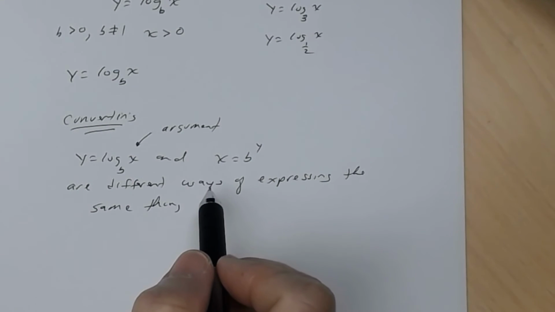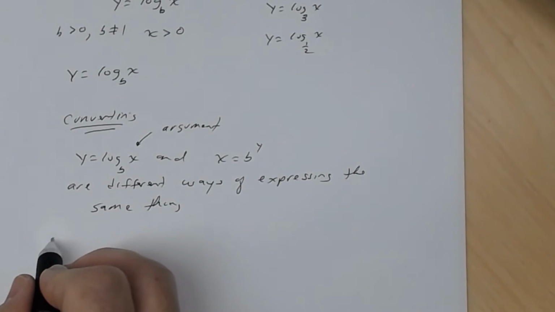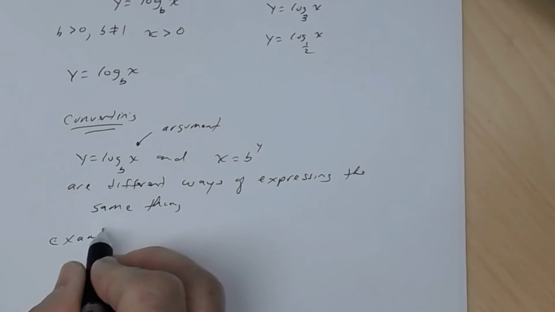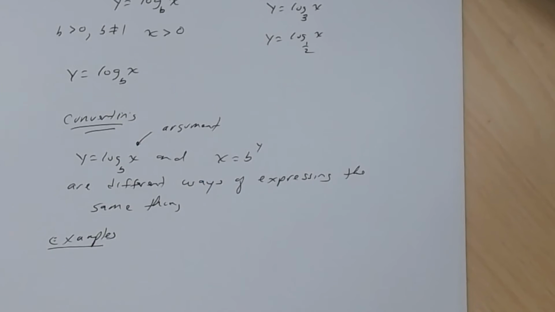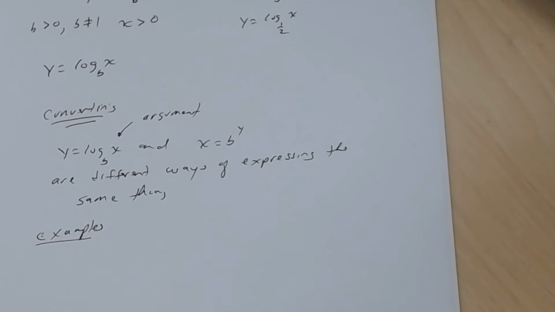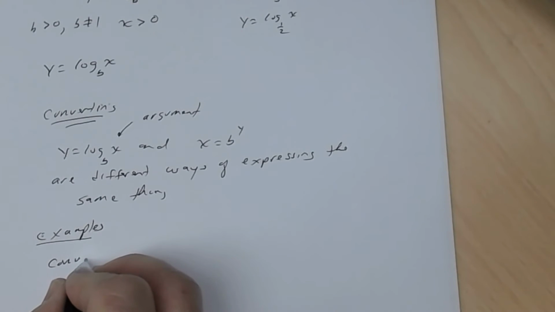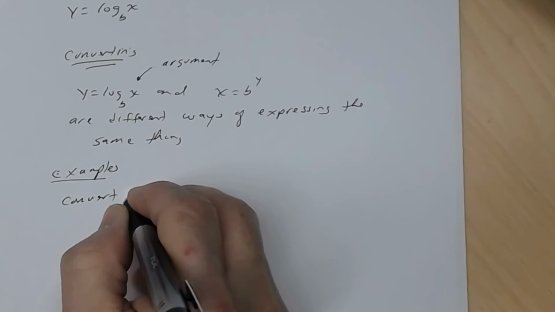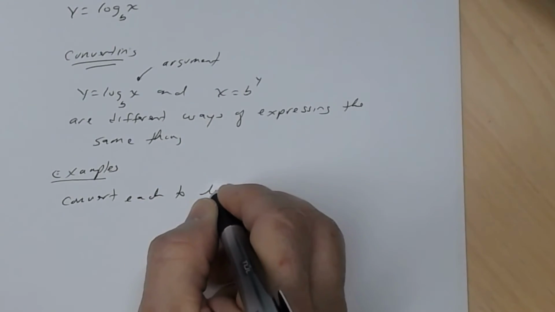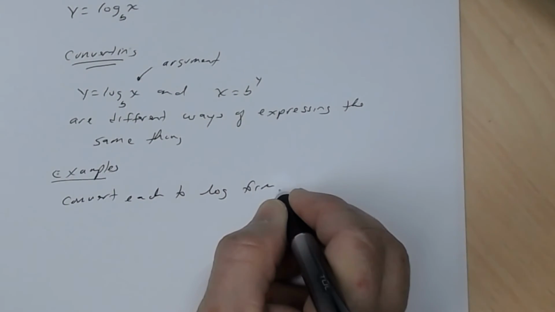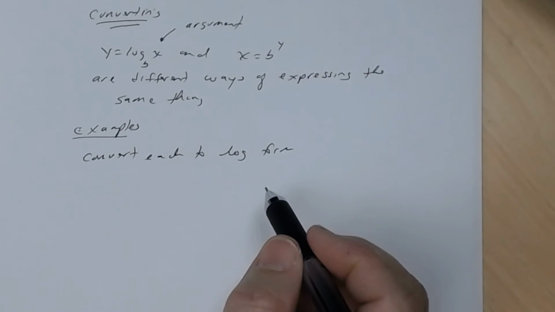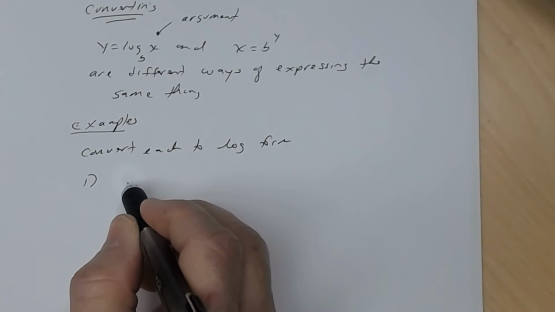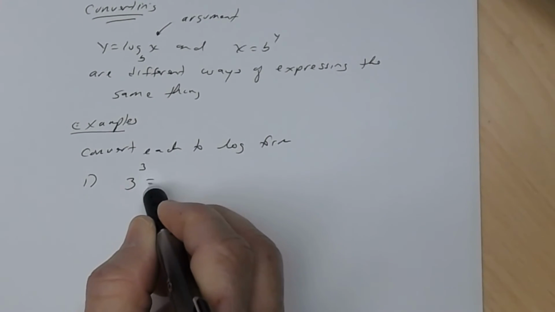All right, so let's look at some examples. First example: we want to convert each to log form. Number one, we have 3 cubed equals 27.